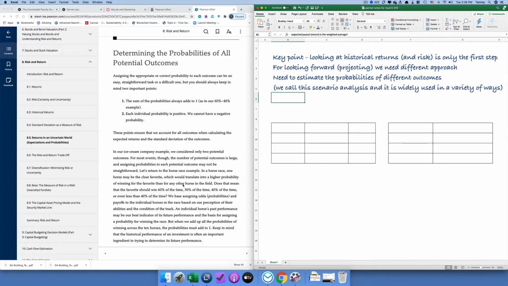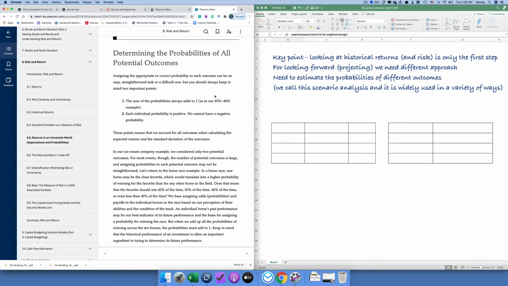And so a couple of things to note whenever you're working with probabilities is all probabilities always have to add up to 1. You can't have 125% probability of something totally happening, right? It's got to be 25% worst case, 50% expected case, and 25% best case, or something like that.